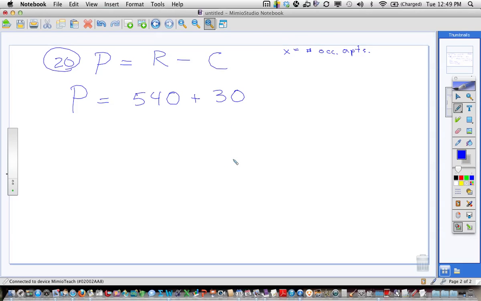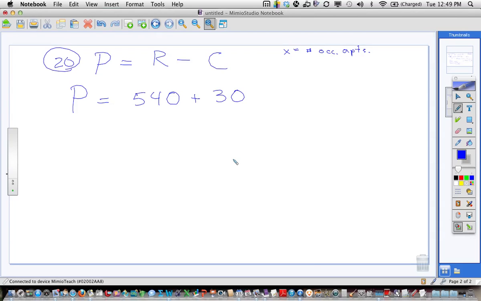Okay, now. See, what a lot of times people want to put here is 30x. But why would it not be 30x? Because it's going to go up 30 every time something's unoccupied, right? So the first time we go up 30, we want this number here to be a 1. Well, the first time it's 30 is, how many occupied units do you have? 49, right?